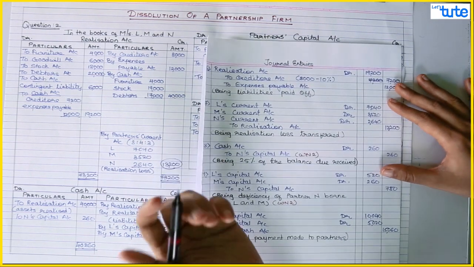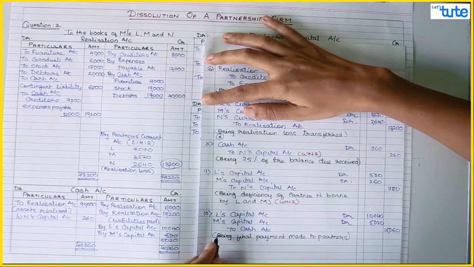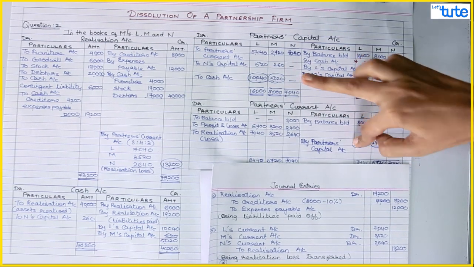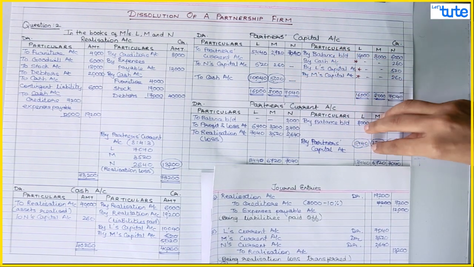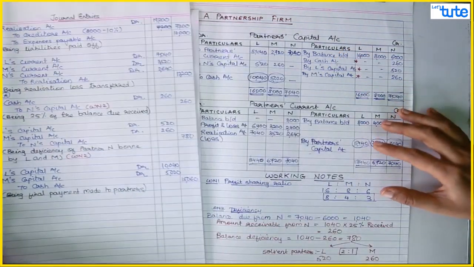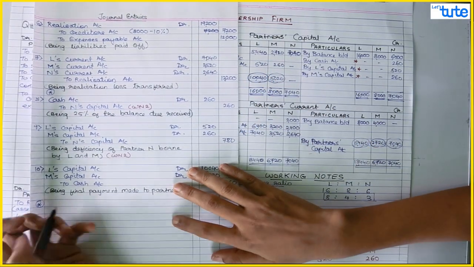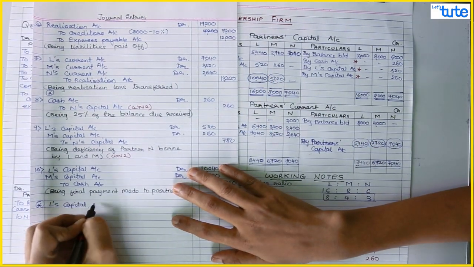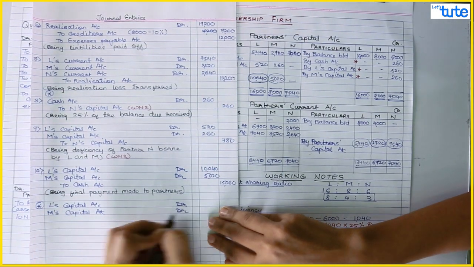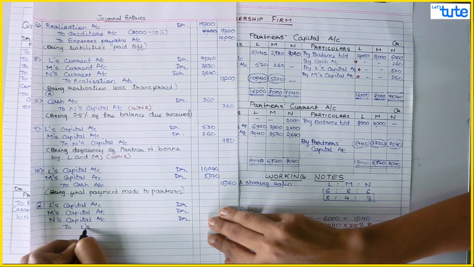So friends, we have forgotten to write this entry over here, so we are just marking this entry here. When we transfer current account balance to capital account, since one account balance is transferred to another account, make sure you pass the entry for the same. So our entry would be, we are transferring to partners capital account, so we'll say L's capital account debit, M's capital account debit, N's capital account debit to L's current account.